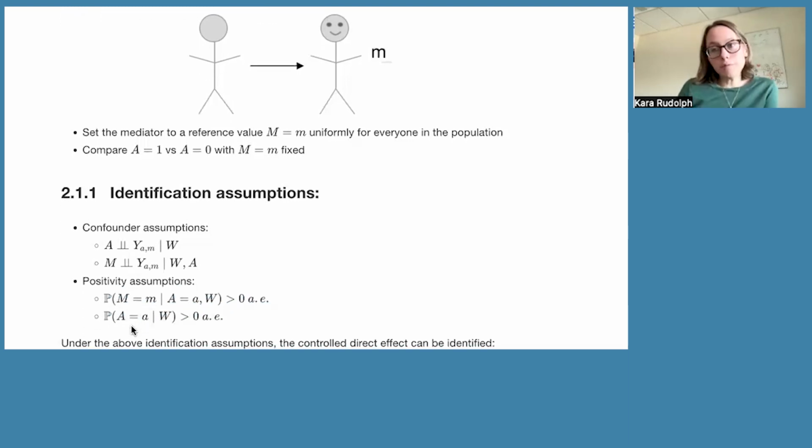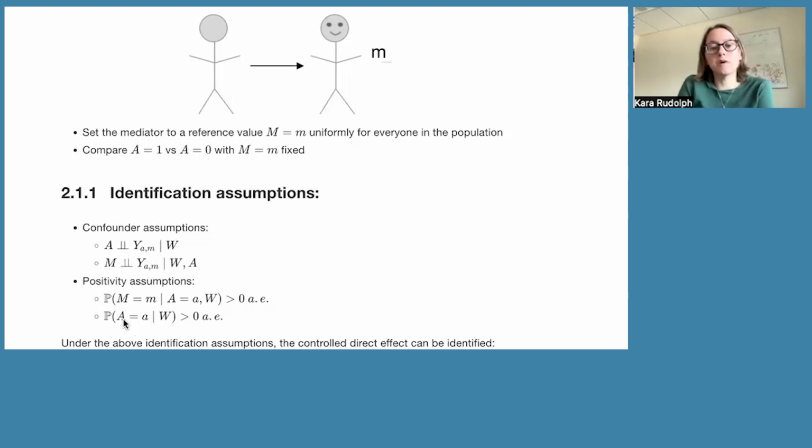Okay. We also have positivity assumptions, which I'm not going to talk about so much here, but they're here to help all of you whenever you're doing your mediation analysis and writing it up. So again, for controlled direct effects, I'm going to actually start with this bottom assumption here.